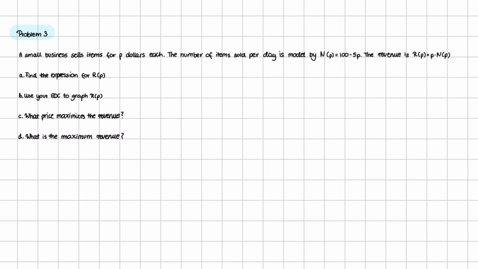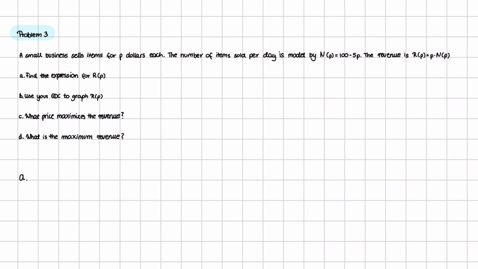Problem 3. A small business sells items for $P each. The number of items sold per day is modeled by n equals 100 minus 5p. The revenue is R equals P times n, and in A, find the expression for R. So we know that R is P times n, from our command.